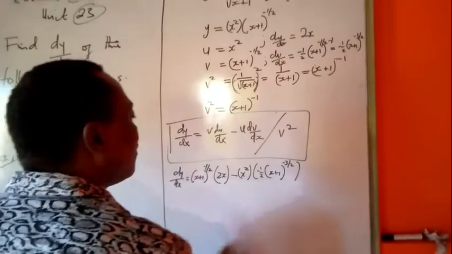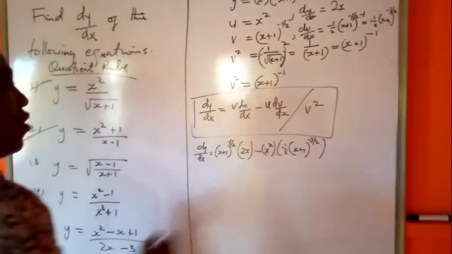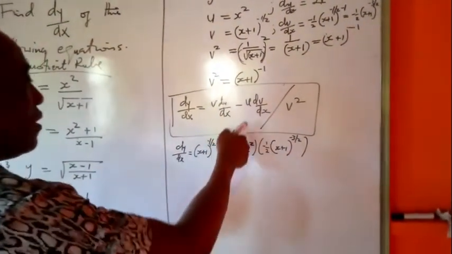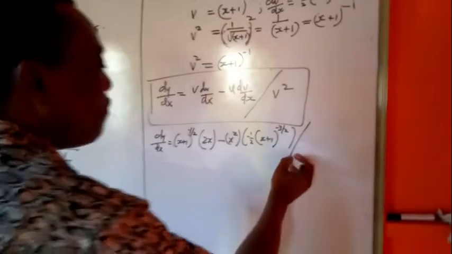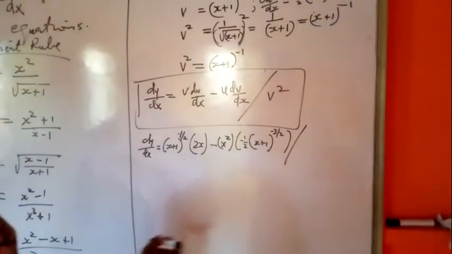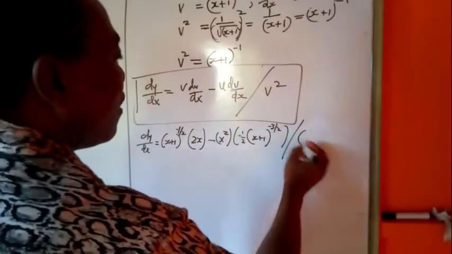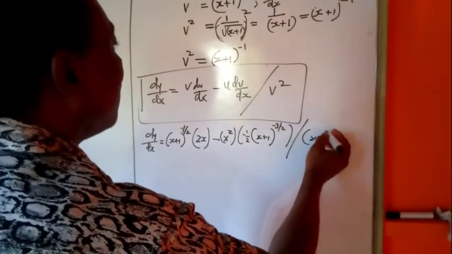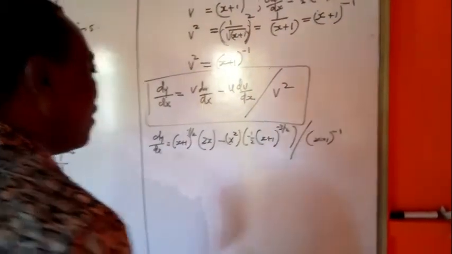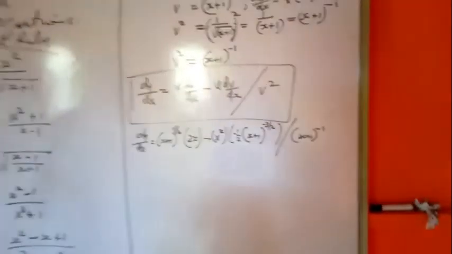Please follow it gently. Then all over your v squared, which is x plus 1 raised to power minus 1. I hope you are following.